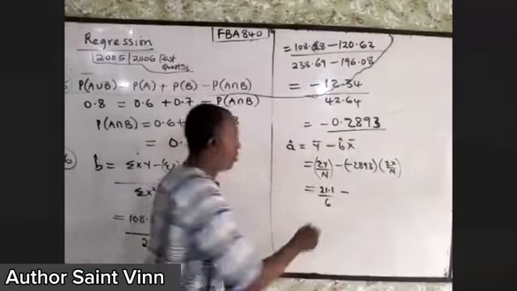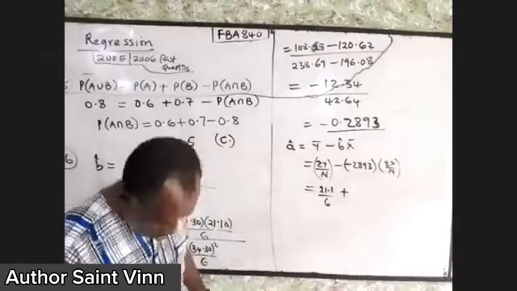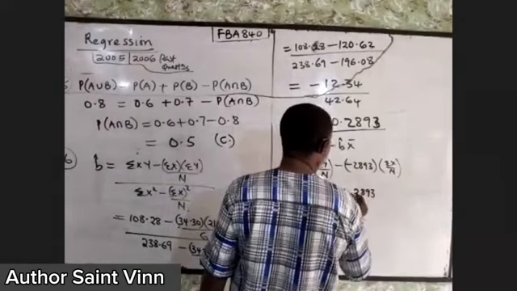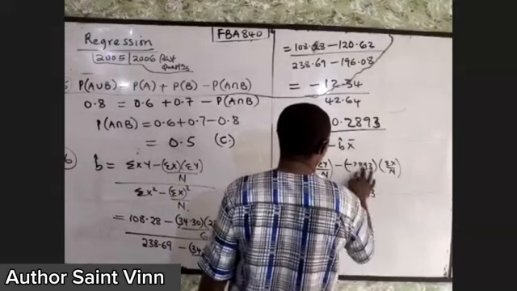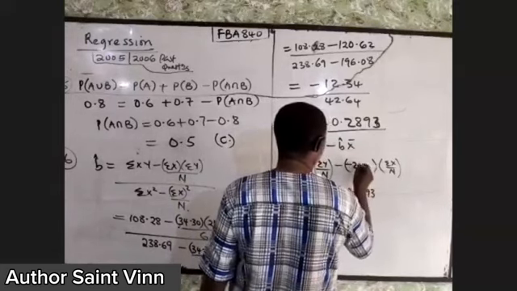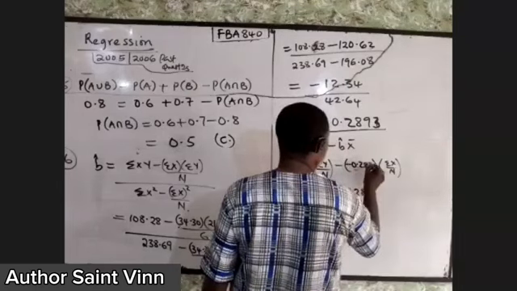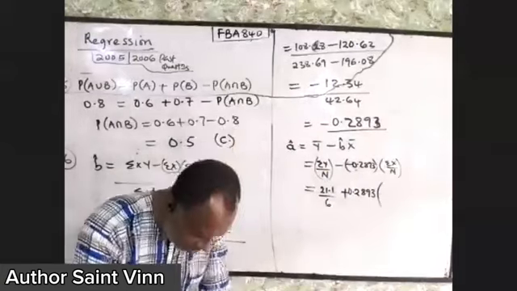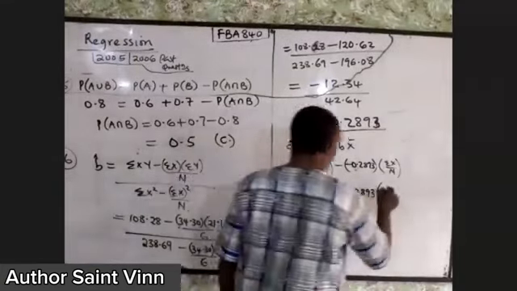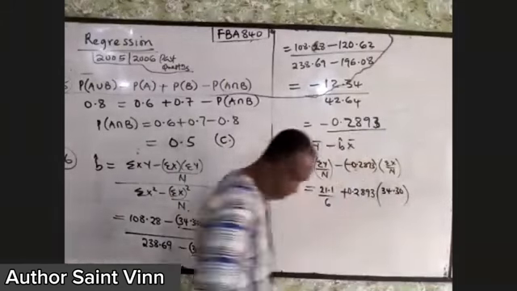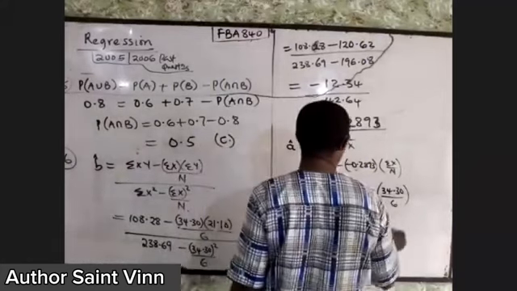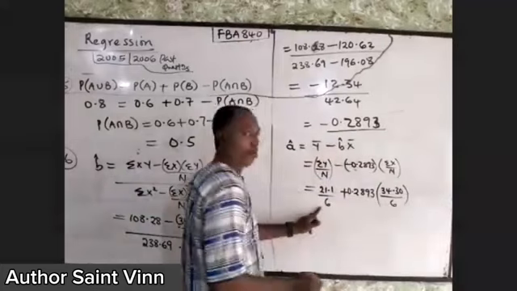This will now be plus, minus and minus. Now we have minus 0.289 into summation of X, which is 34.8, divided by 6.